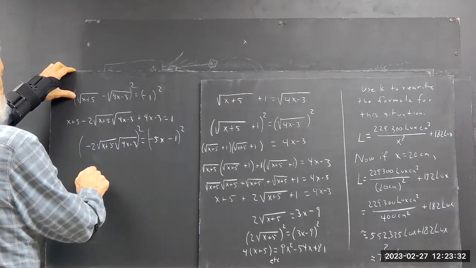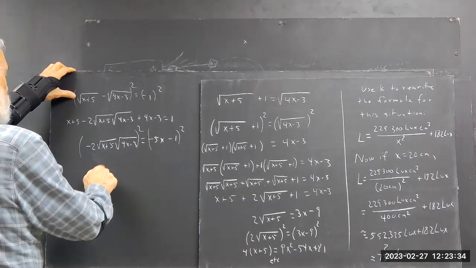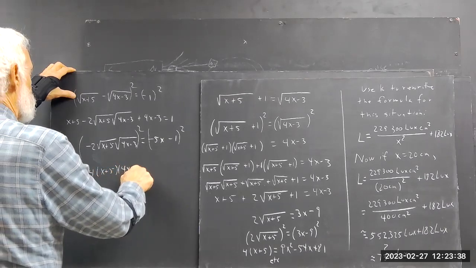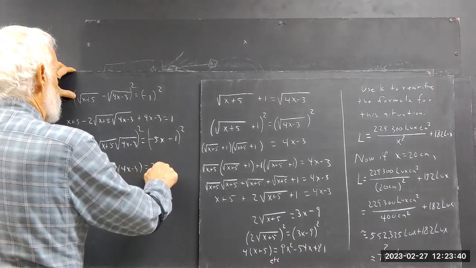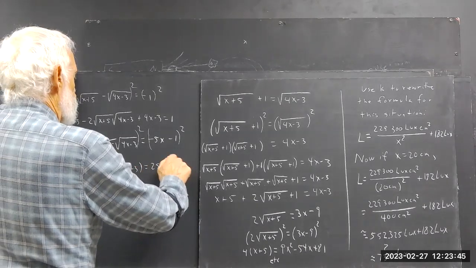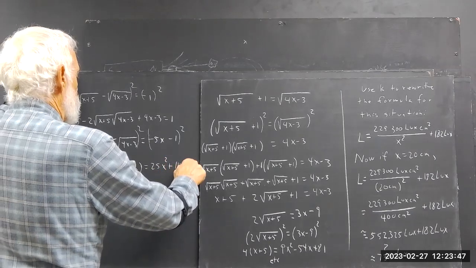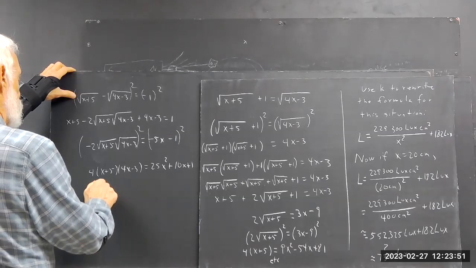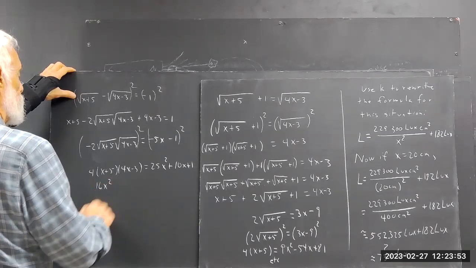and we get 4 times x plus 5 times 4x minus 3 equals 25x squared plus 10x plus 1. Now we multiply this out and we get 16x squared.